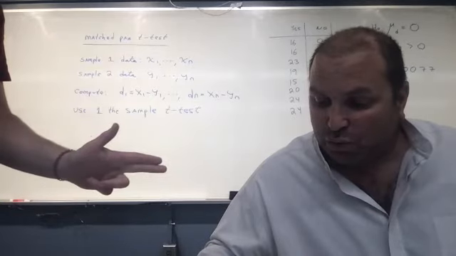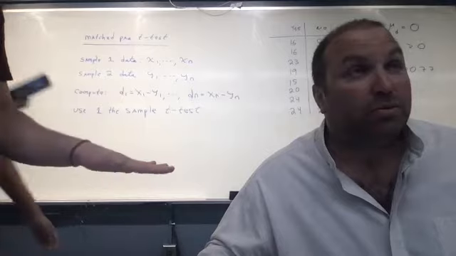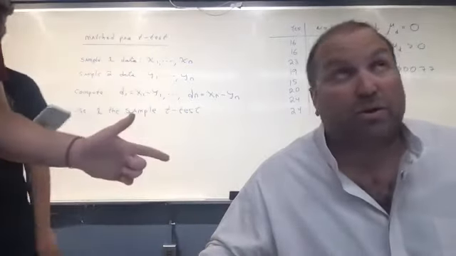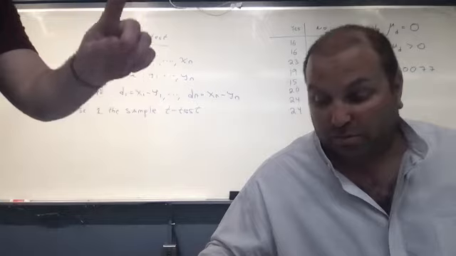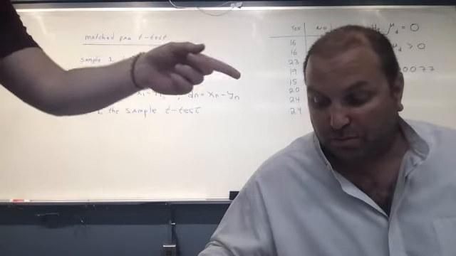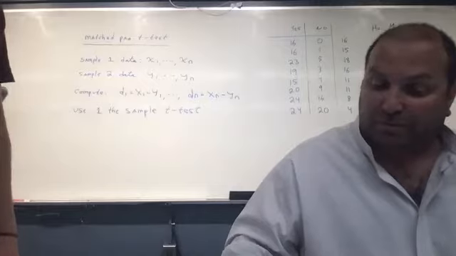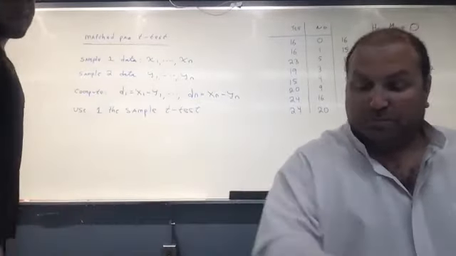Data, mu, 0. So what's your answer? 0.01, less than 5%, so you reject the null.